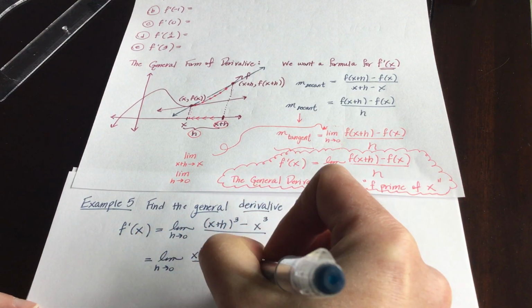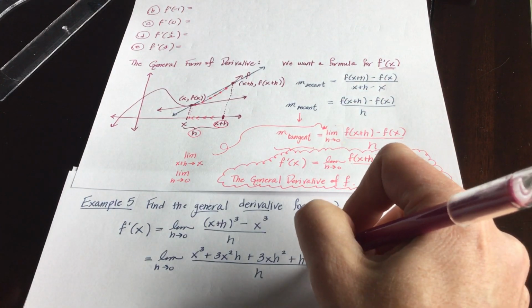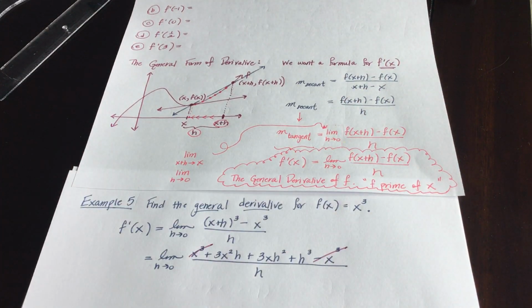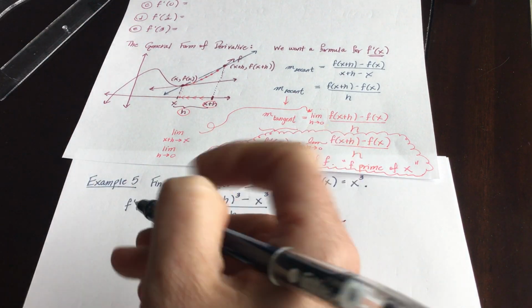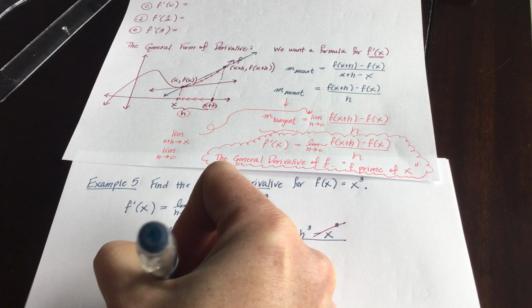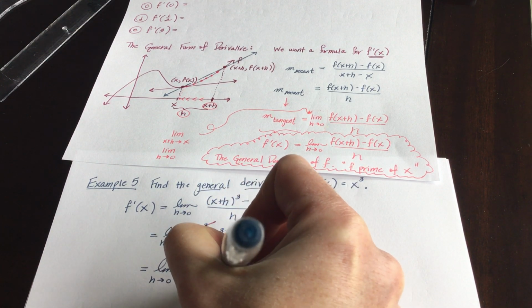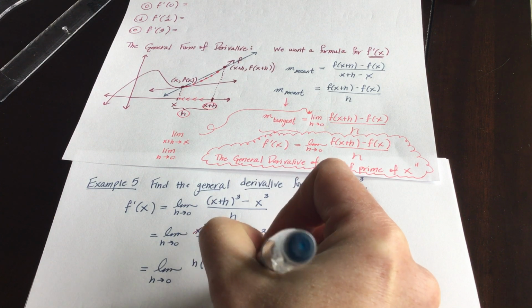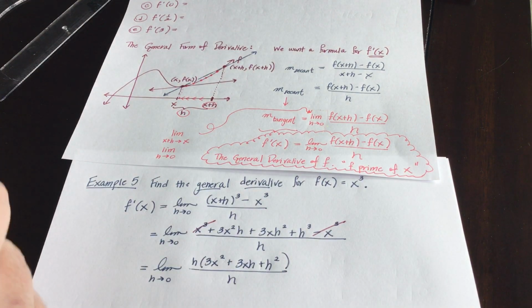all over h. All right, notice that the x cubes vanish and everything else in the numerator has h as a factor. So we'd end up with the limit as h approaches 0. I'm going to factor that h out on the top. So we'd have 3x squared plus 3xh plus h squared, all over h.